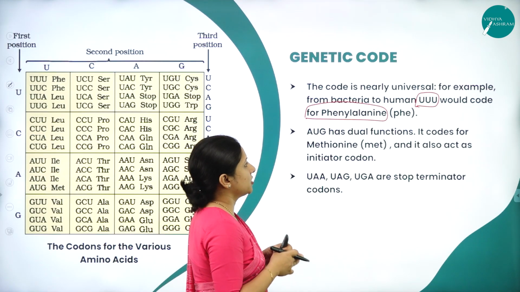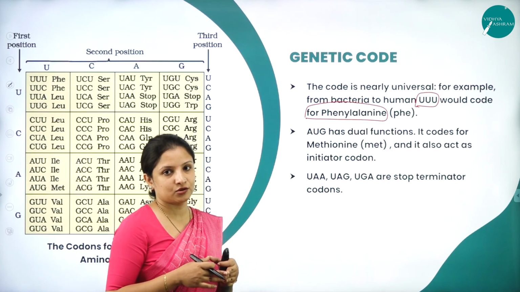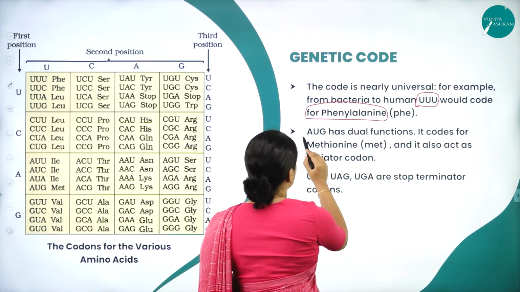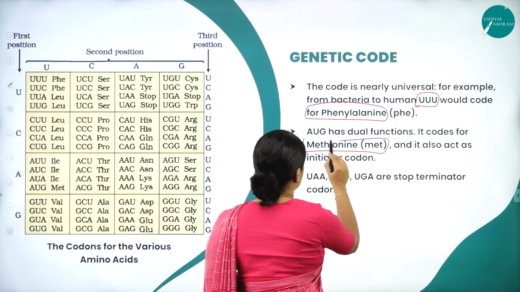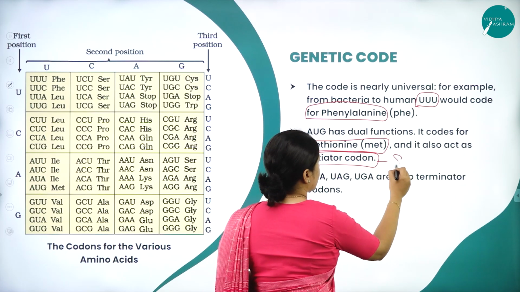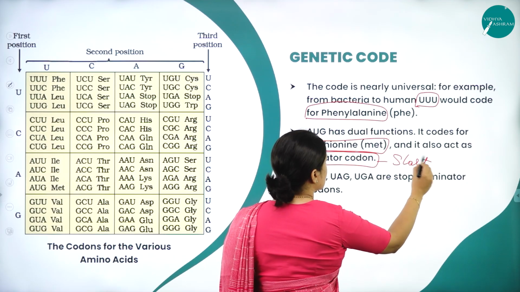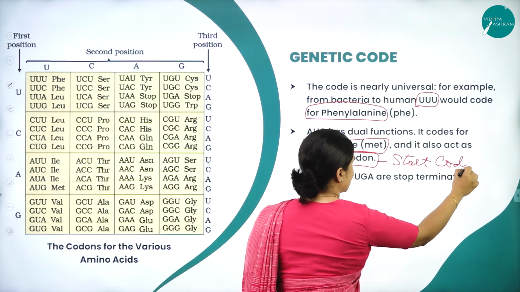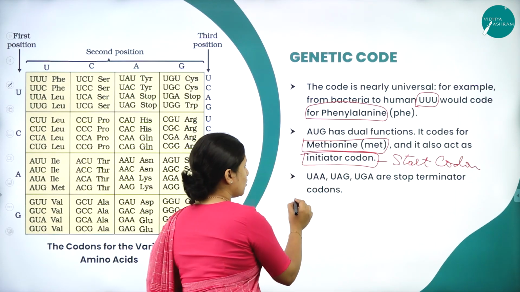So next, moving further, AUG has dual function. AUG codes for the amino acid methionine, and also it acts as the initiator codon, or we can also call it the start codon. If you remember, in the previous slide, I told you there are 2 types of codons.